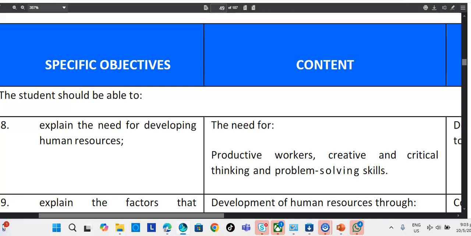So if the government spends money on education and the work environment to develop human resources, we will have more productive workers, workers who are creative, workers who are critical thinkers, and workers who are able to solve problems.